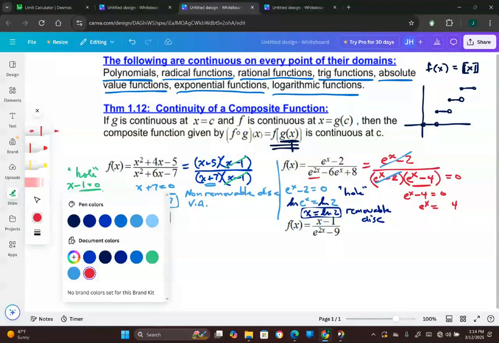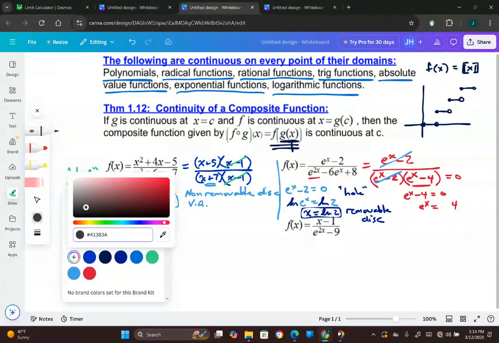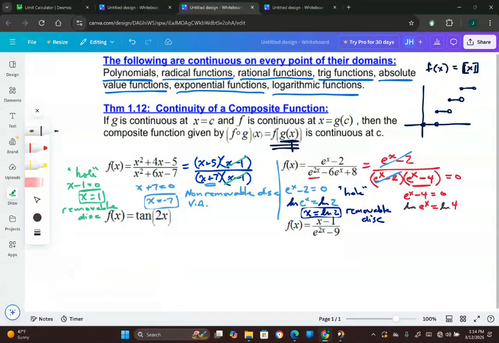And what I have to do there is take the natural log of both sides again, and I get x equals the natural log of 4. Now, this was not removed. This is a vertical asymptote. It is a non-removable discontinuity because it was not removed from the expression.